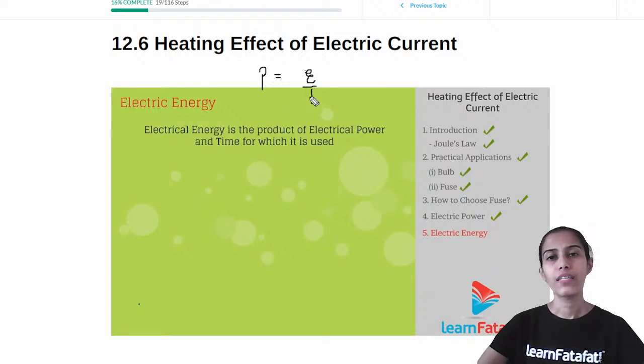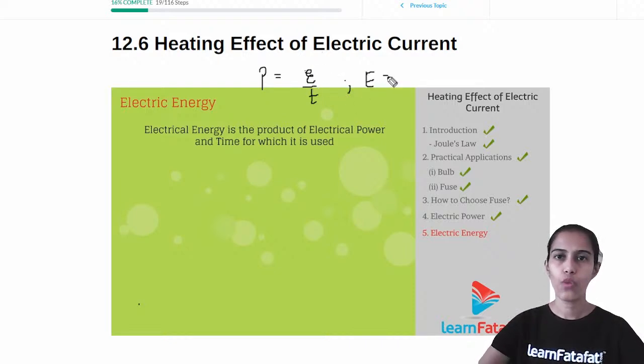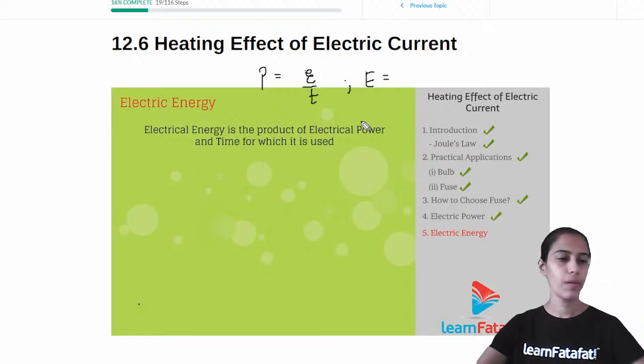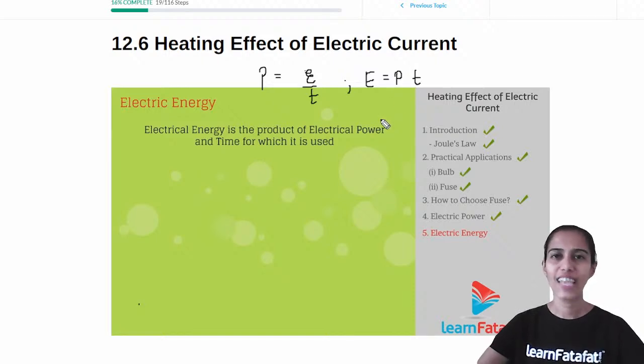So I can write power equals electrical energy upon time. If you rearrange this equation, electrical energy equals what? E, electrical energy, is equal to, just rearrange this, you will get PT, power into time.